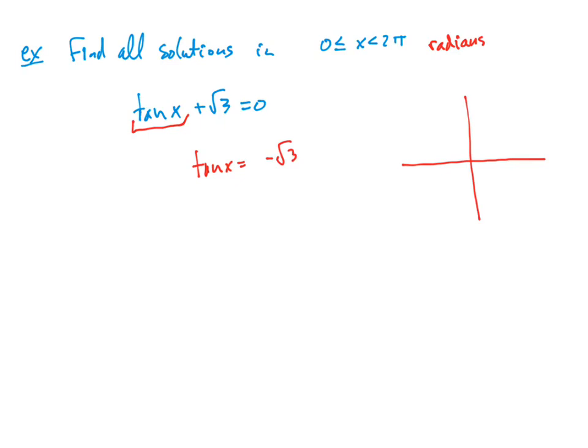Tangent is negative in quadrants 2 and 4, and it's at these positions. Those angles are 2 pi over 3 and 5 pi over 3. So x is equal to 2 pi over 3 and 5 pi over 3.